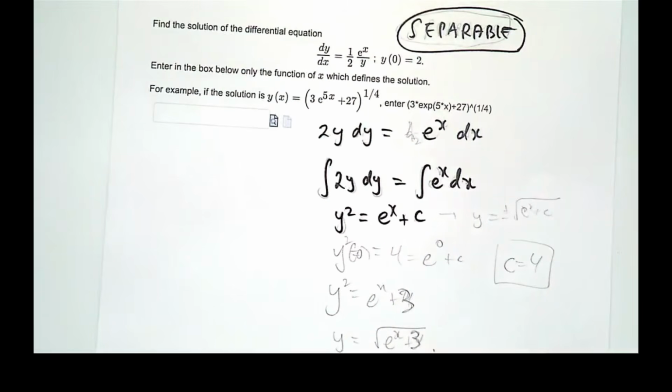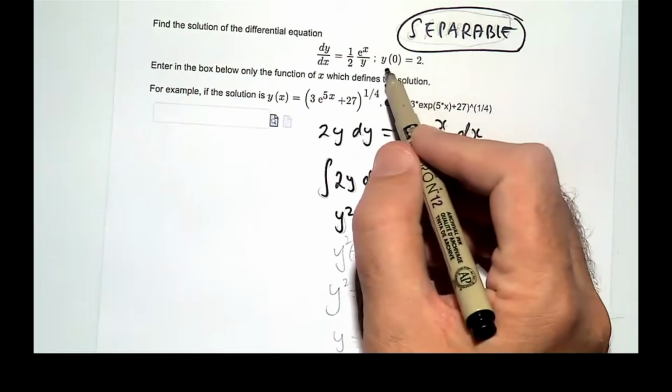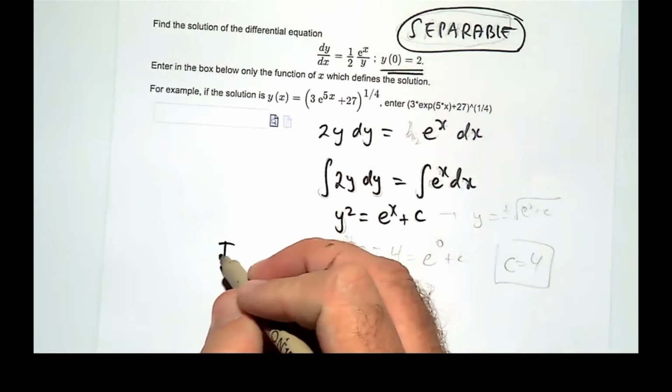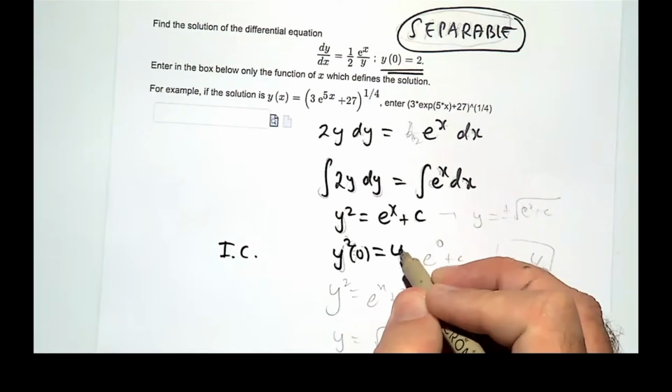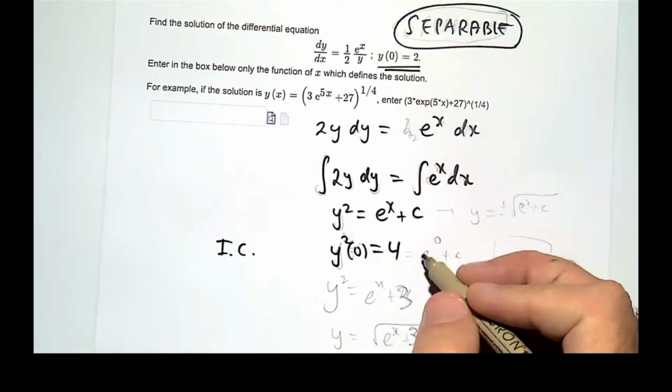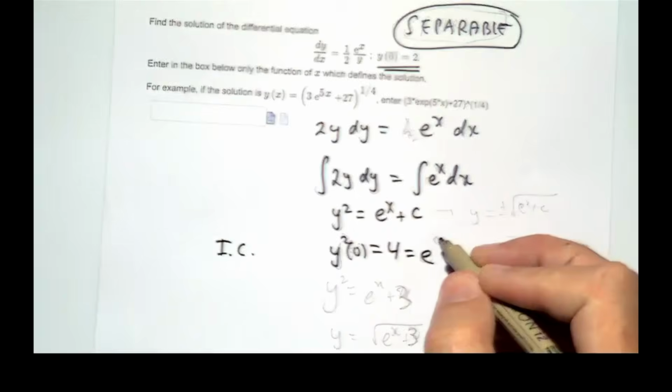Okay? So now you've got a choice whether you get y as a general form using square roots and then get c, or you just work with the c there. That's exactly what I did. I did the second case. Right? So using the initial condition, you square that and you sub in x equals 0.